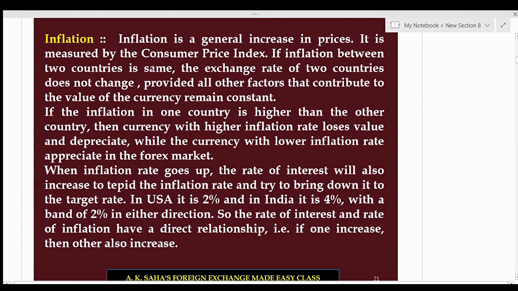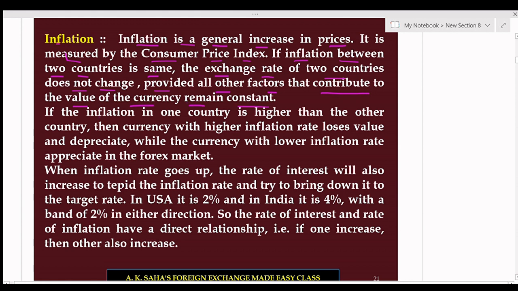Next comes inflation. Inflation is a general increase in prices. It is measured by the Consumer Price Index (CPI). If inflation between two countries is the same, the exchange rate of the two countries does not change, provided all other factors that contribute to the value of the currency remain constant.